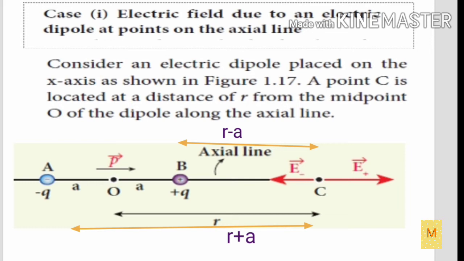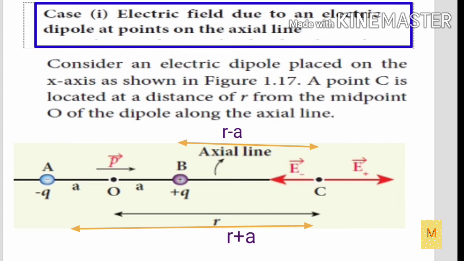We have discussed the electric field around point charges. Now we are going to discuss the electric field due to an electric dipole at any point near the dipole. First, the electric field due to an electric dipole at points on the axial line.